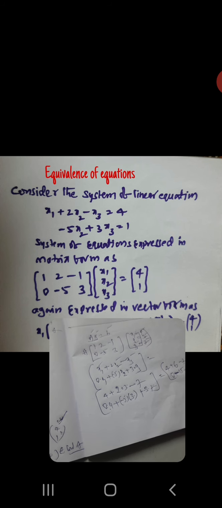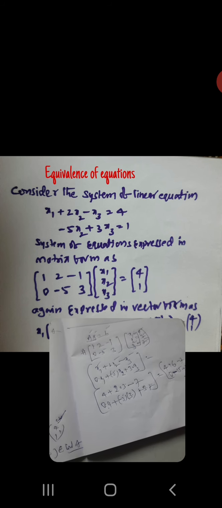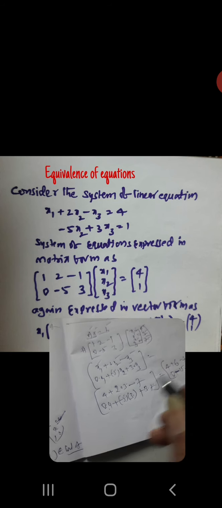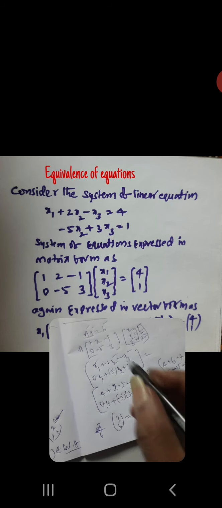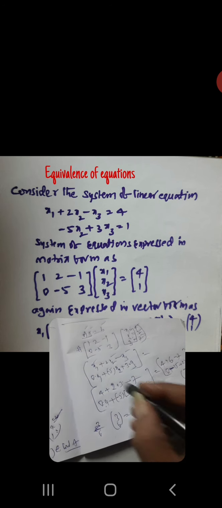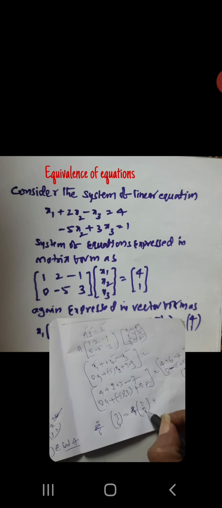This answer is right: 3 comma 6. You write 3, 6 as x1 common, 1 comma 0, plus 4 into 1 comma 0.